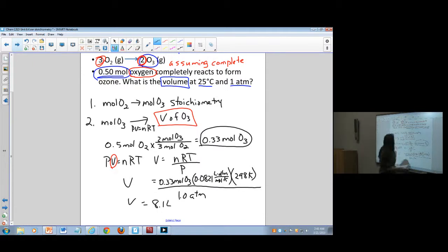Okay, so in this case, instead of starting with the ideal gas law, I ended with the ideal gas law.